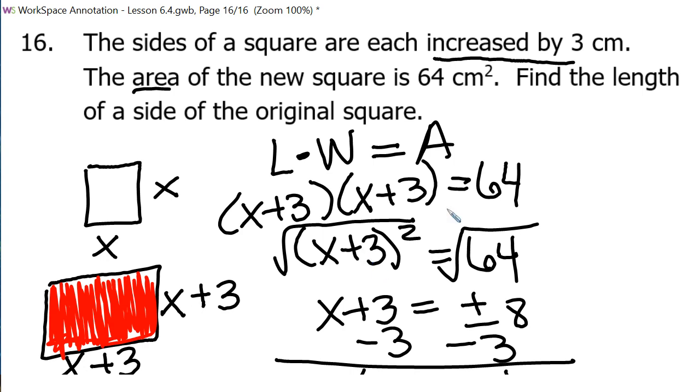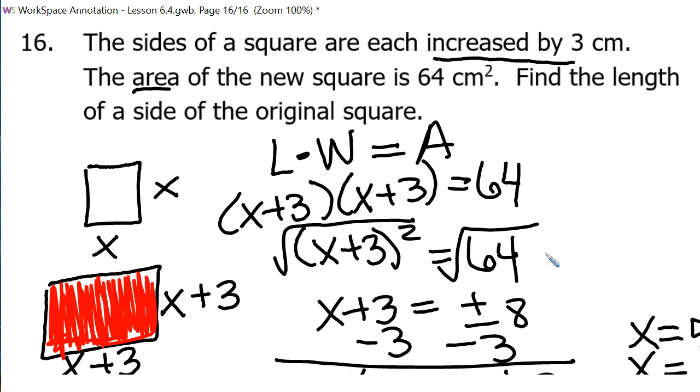We can simplify that. So find the first answer by adding, which is negative 3 plus 8. 5, and a unit would be centimeters. To get the second answer, we'll need to subtract. Negative 3 minus 8 would be negative 11 centimeters.